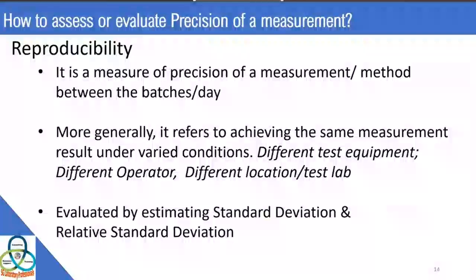On the other hand, reproducibility is a measure of precision of a method or measurement between batches or between days. In general, laboratories may have multiple equipment, so this validation should cover this.